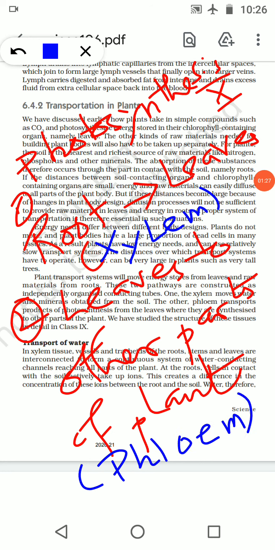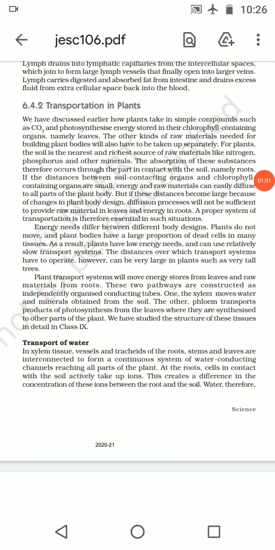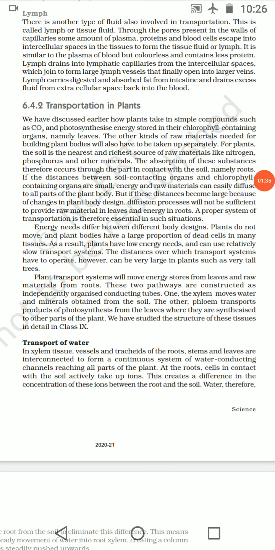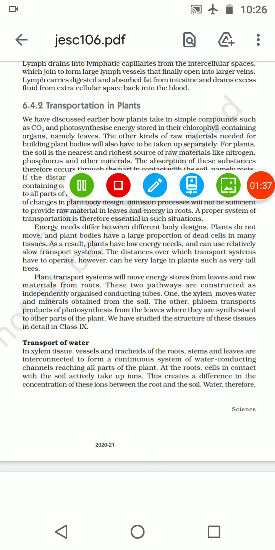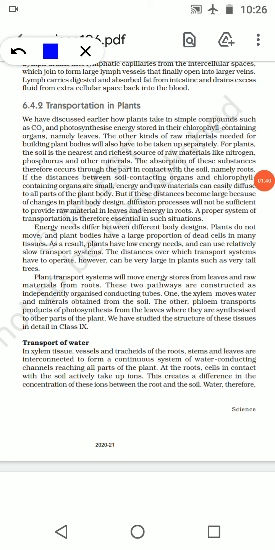Now we can see that plants require chlorophyll for photosynthesis. For plants, soil is the nearest and richest source of raw materials like nitrogen, phosphorus and other minerals. The absorption of these occurs through the part in contact with the soil, which is the roots.